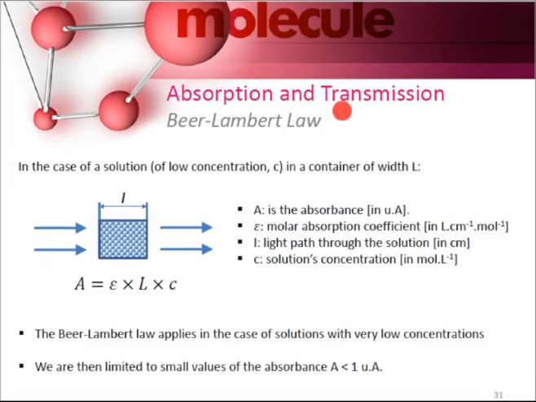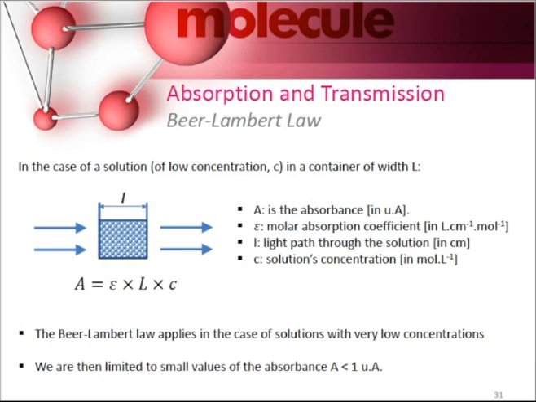Now, as you have seen in the video, the Beer-Lambert Law, or he called it simply Beer's Law, actually allows us, from the absorbance that we can measure experimentally, to come up with the concentration of the molecular compound in a certain substance. The relation, as mentioned before, is A, which is the absorbance, equals epsilon times L times C, with L being the distance or the path through which the light is moving in the substance.